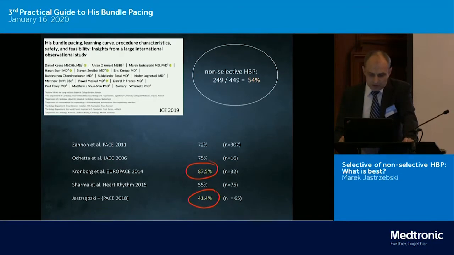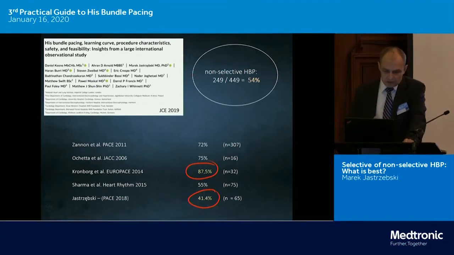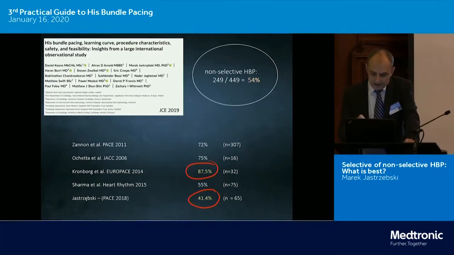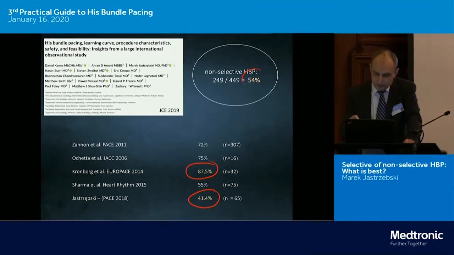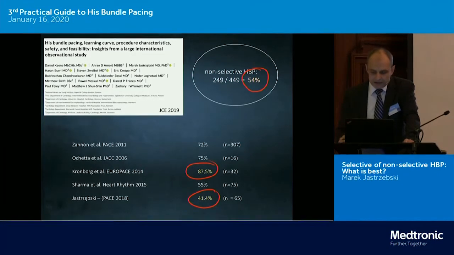However, in the large group of patients from 7 centers, the data that was put together by Dan and Zach, we see that 54% of patients had non-selective capture. So it looks like this is a standard way of pacing the His-bundle, even if not the predominant way. It's going to stay with us, so we had better know what it means in terms of physiology, anatomy and clinical outcomes.